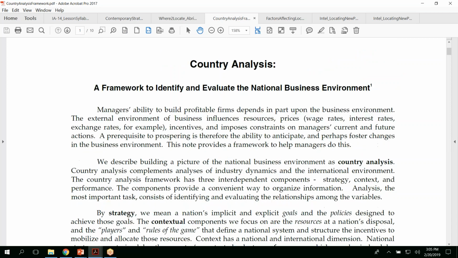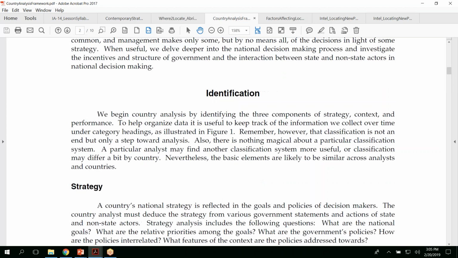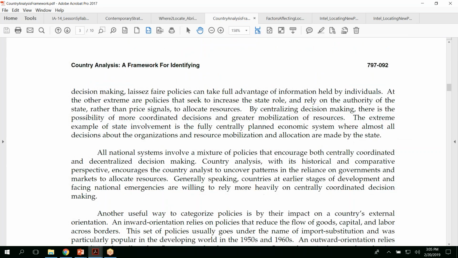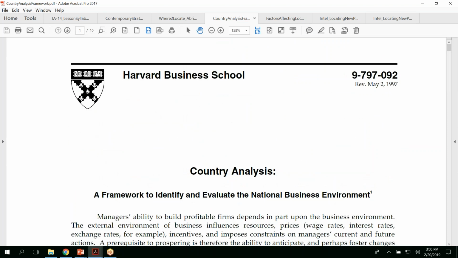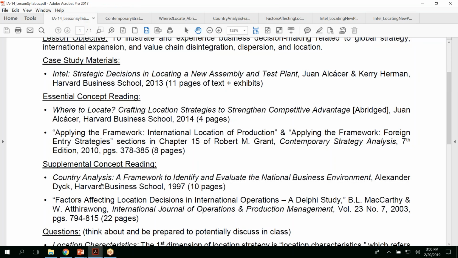It is different from our lens. They're looking at it from a different perspective than the business location decision lens that we're looking at it from, right? But I think it's important to show integration across the courses and not suggest that we aren't aware of what they did there. And it certainly is complementary to what we're going to do. So I just have that as one of the supplemental readings because the students already have that.